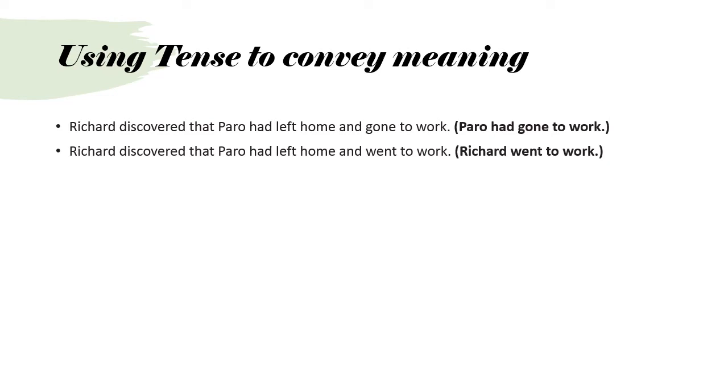Now here we find that the verb went is talking about Richard rather than Paro. In the previous sentence, it was Paro had left home and gone to work, whereas in the second sentence, it is Richard discovered and he went to work.